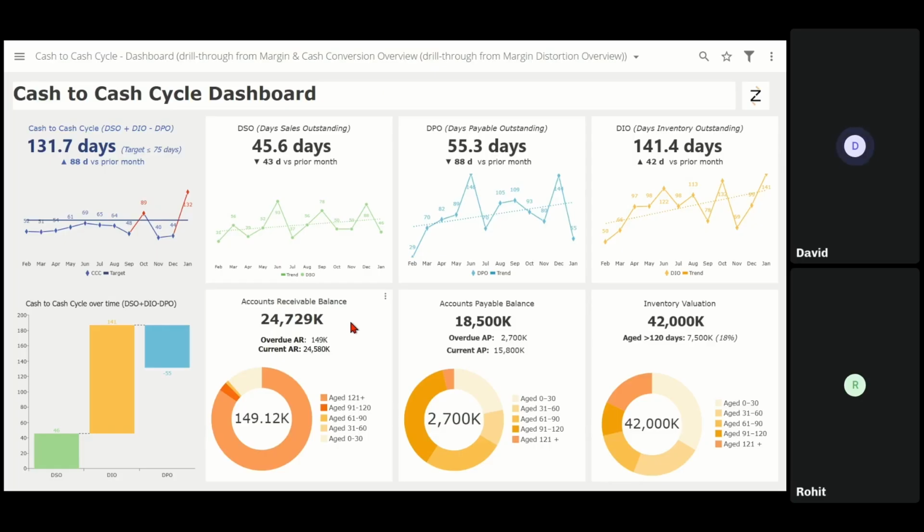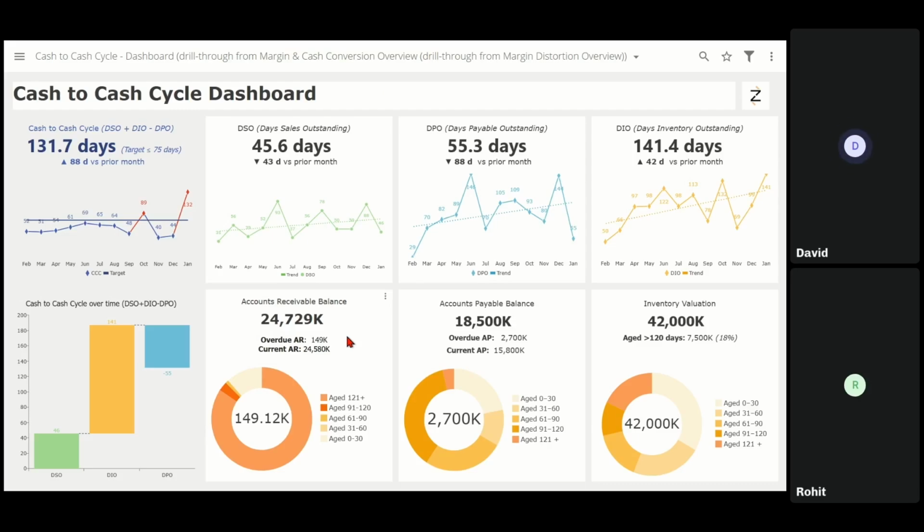Now, in terms of the amounts, how relevant is that to the business? We can see that accounts receivable is 24,000K with an overdue amount of only 149. So that seems to be quite healthy, right? AR exists, an overdue amount exists, yes, but that's not the main part of the story.